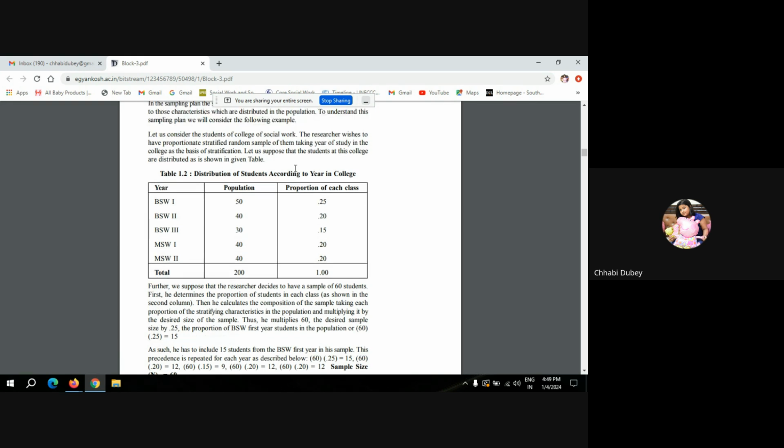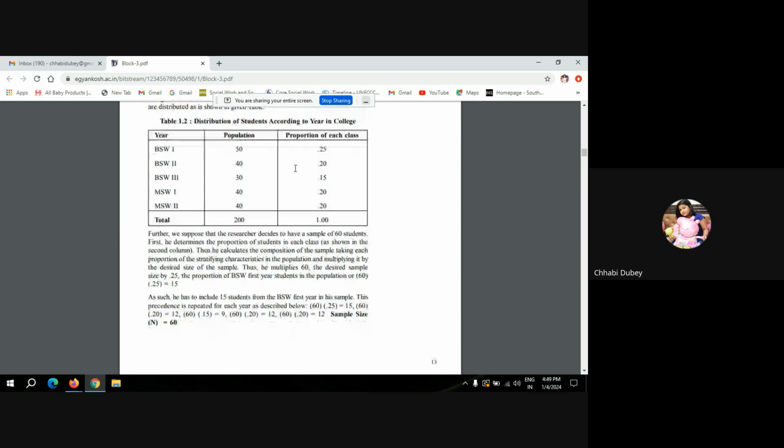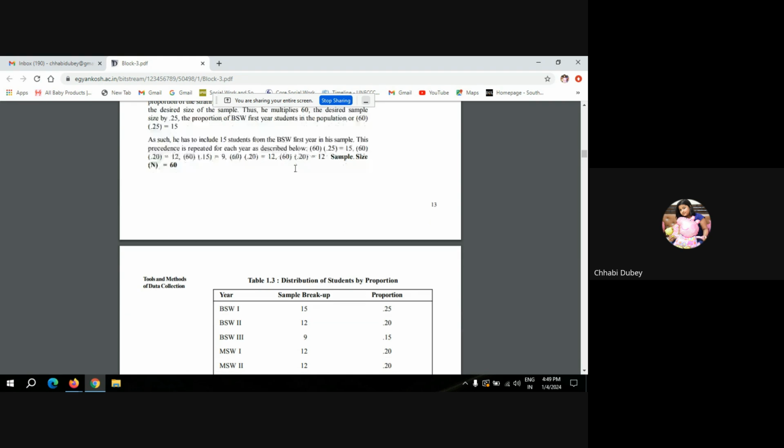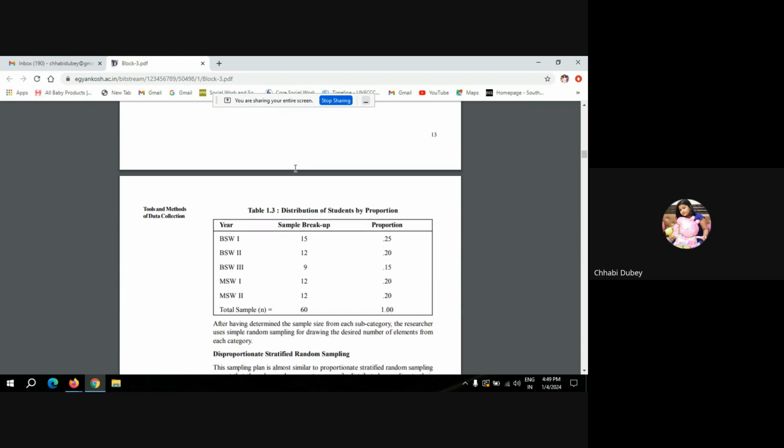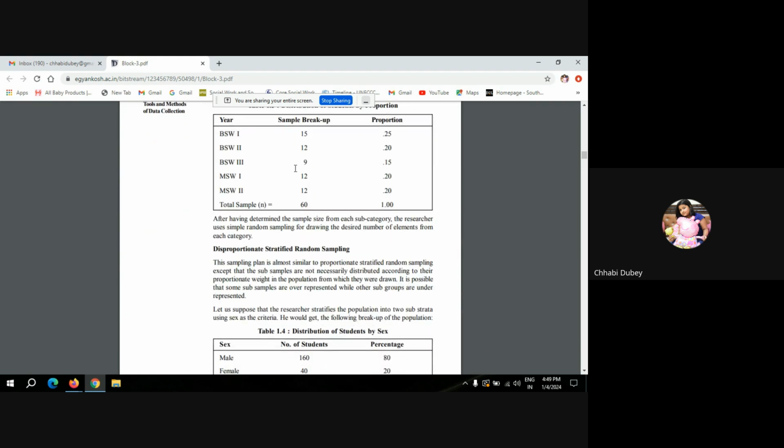We decide to have maybe a sample of 60 students, so we will determine first the proportion of students in each class, then we're going to calculate the composition of the sample. Okay, and finally we will multiply the 60, the desired sample size, by 0.25. So this will give us this. Now you have to actually just include this formula and use this kind of sampling process.